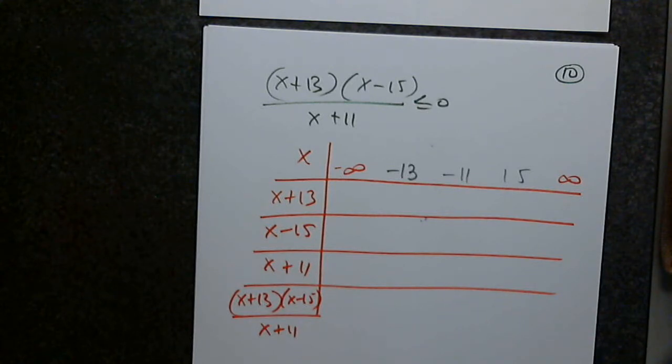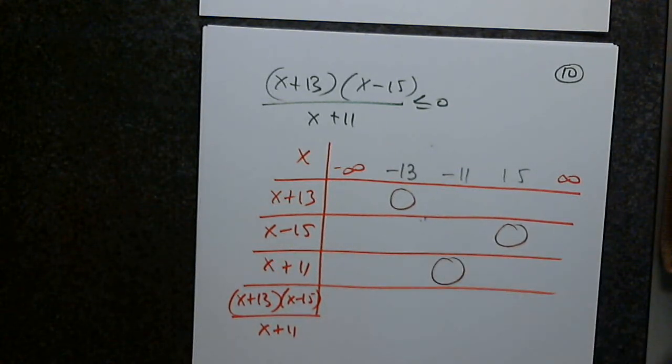Do we understand how we got those numbers? x plus 13 has a 0 under negative 13. x minus 15 has a 0 under 15. And x plus 11 has a 0 under negative 11. Now what happens under negative 13, negative 11, and positive 15 for the whole thing?